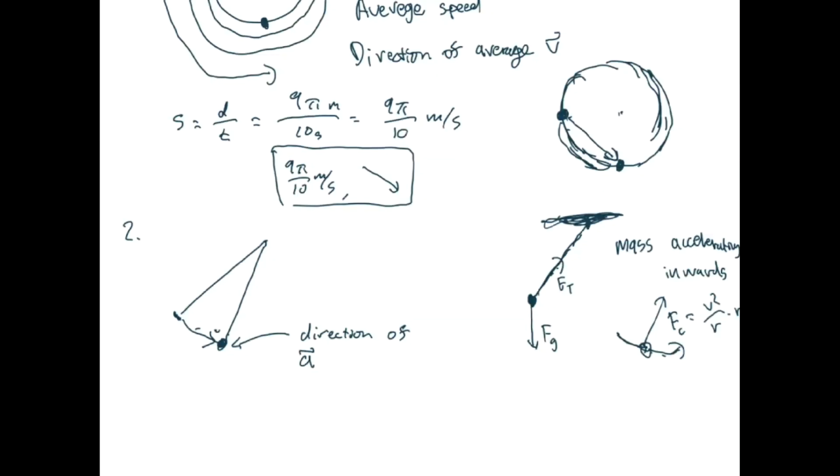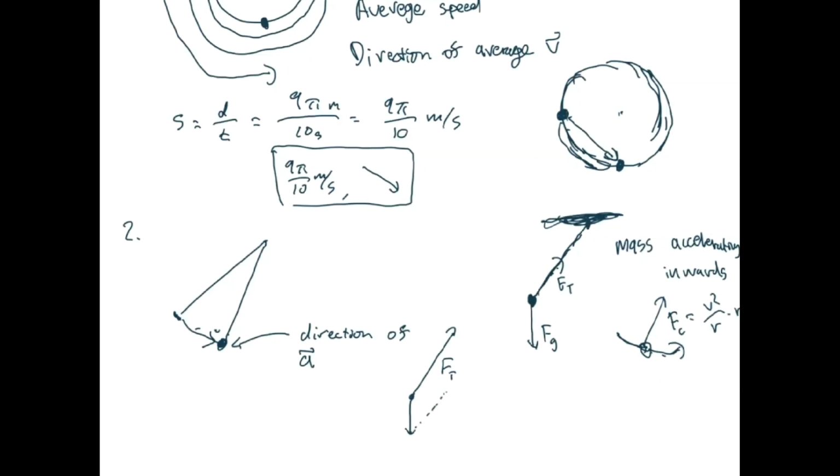All right. So what do we have here then? We're going to have some tension which pulls it inwards enough so that the net force is m v squared over r radially inwards, and then we have the gravity.